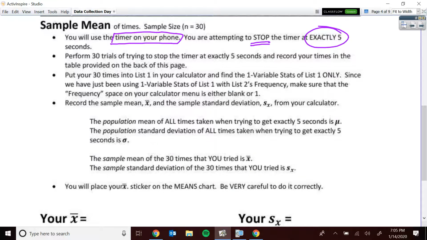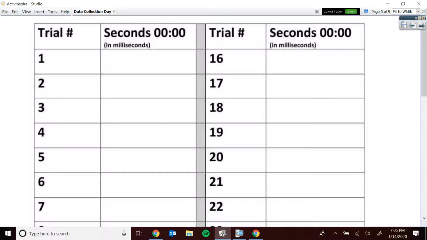So on the back of this page, you will see a table. And that table is there for you to have your trial number, and then you can put the notation of what your time was. I looked at my stopwatch on my iPhone, and it's in this format here. So you'll end up with something like your seconds and your milliseconds.